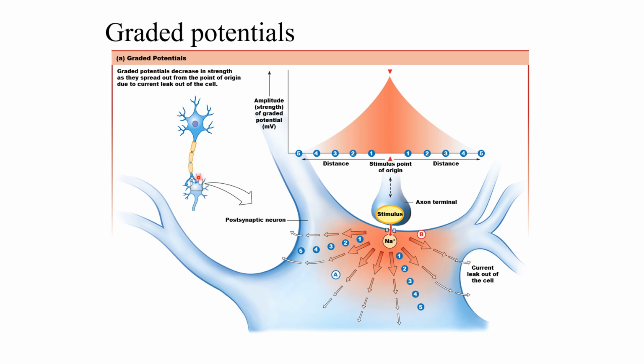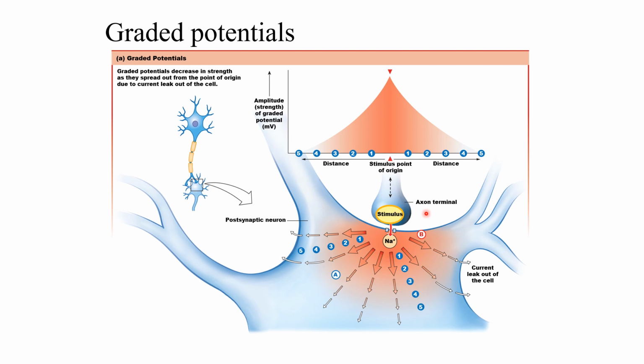So if we zoom in right here, here is the axon terminal, and here is the cell body of another neuron. So you have a stimulus or an action potential running down. As we said, that's going to trigger the vesicles to release the neurotransmitters, which are going to be released in the synaptic cleft.